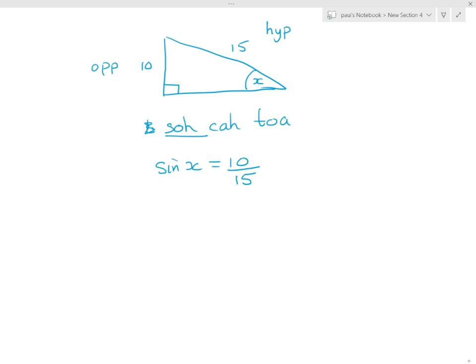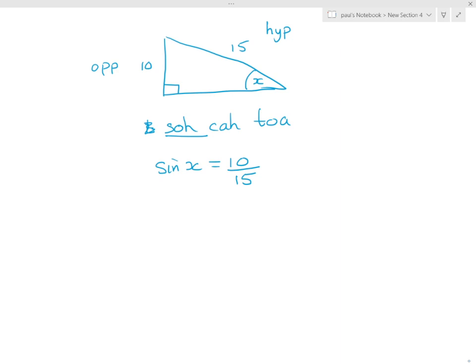Right. Now, what we're doing here, I don't like 10 divided by 15 anyway. So instead of finding the sine of a known angle to equal a number, what we're doing here is we're using the number to find the angle.